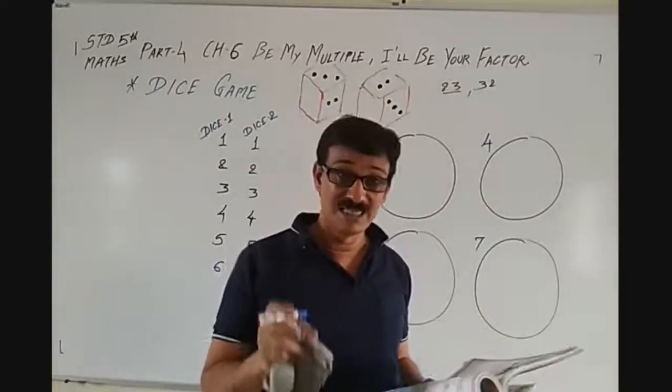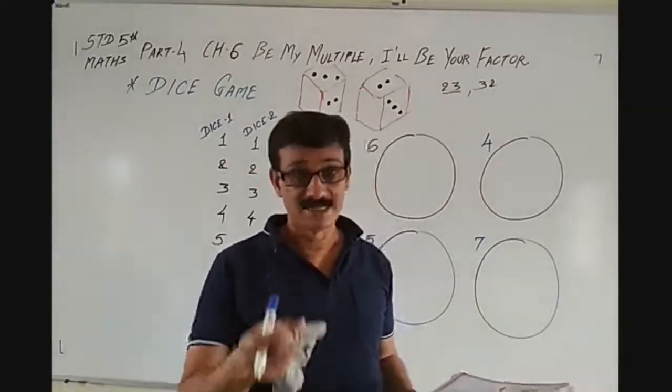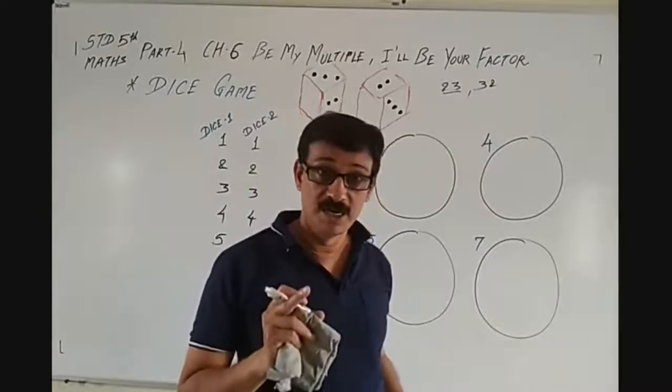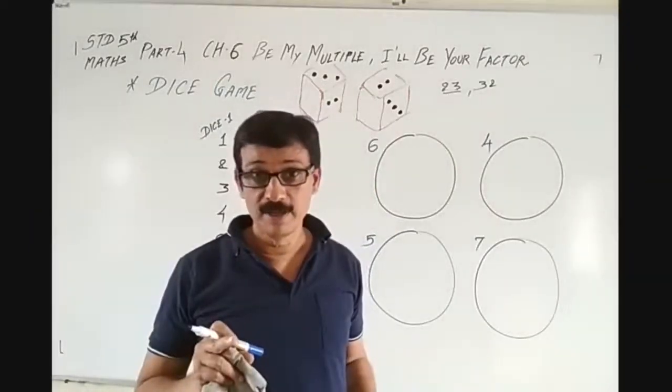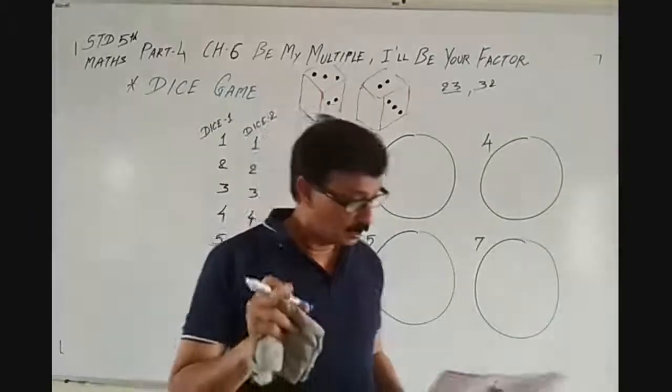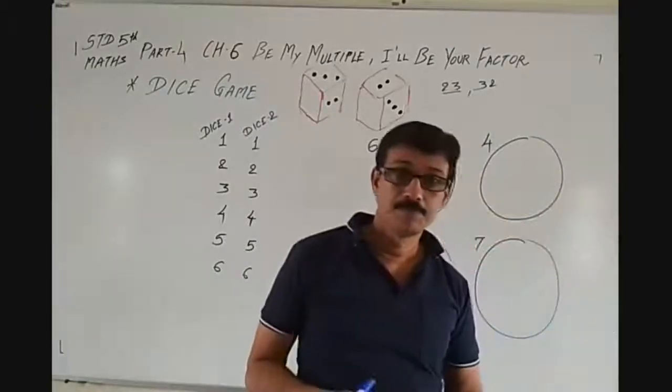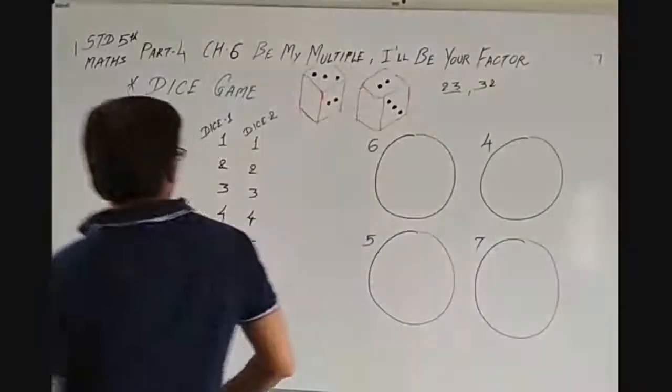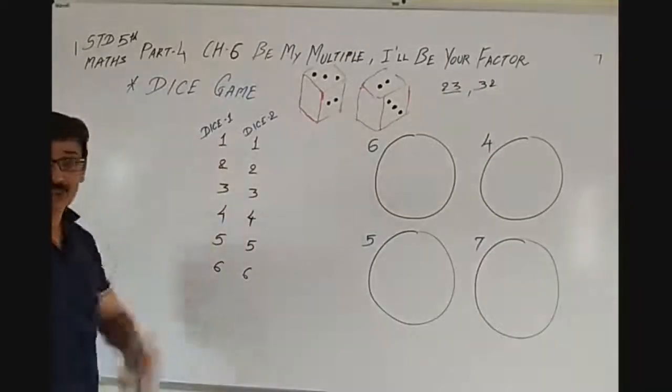Which are the numbers that can come on the dice? Okay, that's what we should understand. So let's go for the numbers. Now see, this is dice 1, this is dice 2.